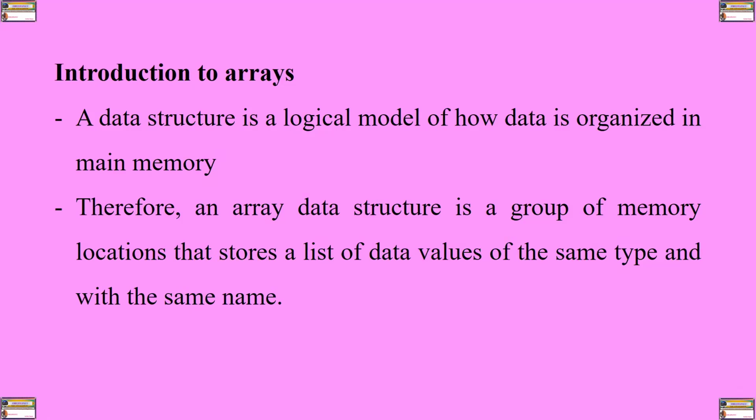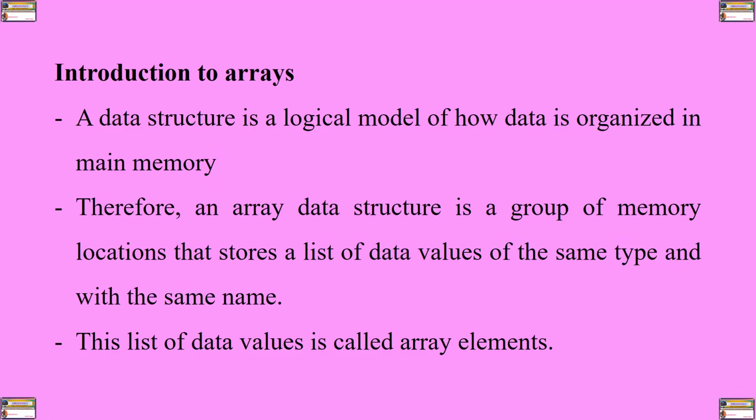For example, 20, 40, 35, 3, 6. That is an array. If you have data like, for example, names such as Julius, Jane, Otieno, Kamau, Salati, when these names are stored together in the memory locations, then that is also an array of that specific type.